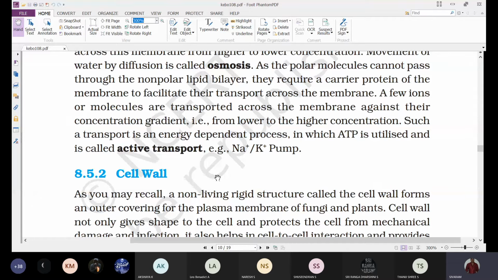That means if any molecule is transported across the membrane against the concentration gradient, that is from a lower concentration to higher concentration, definitely we have to spend some energy, and that we are calling active transport. I'll give you a good example of active transport.